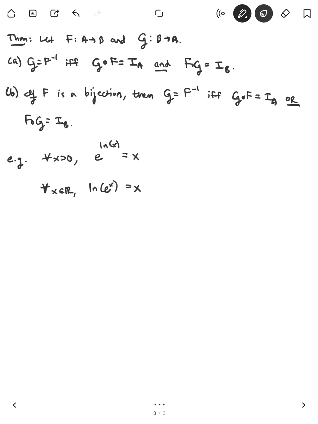We can look at a more complicated example. Let h of x be equal to x squared plus 2 if x is less than or equal to 0, and 2 minus x squared if x is positive.